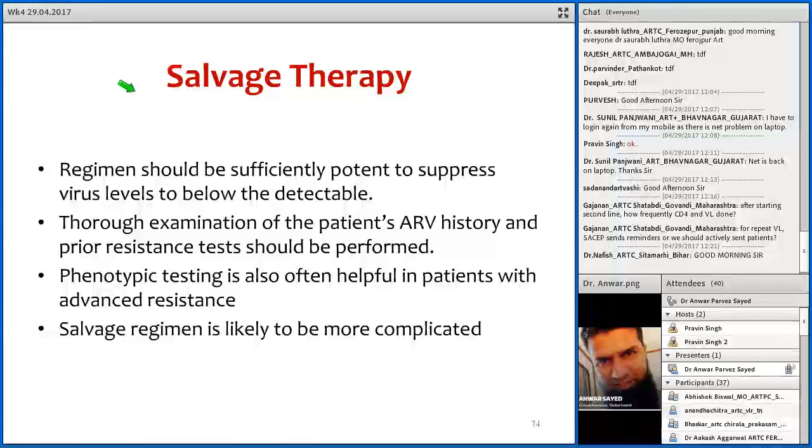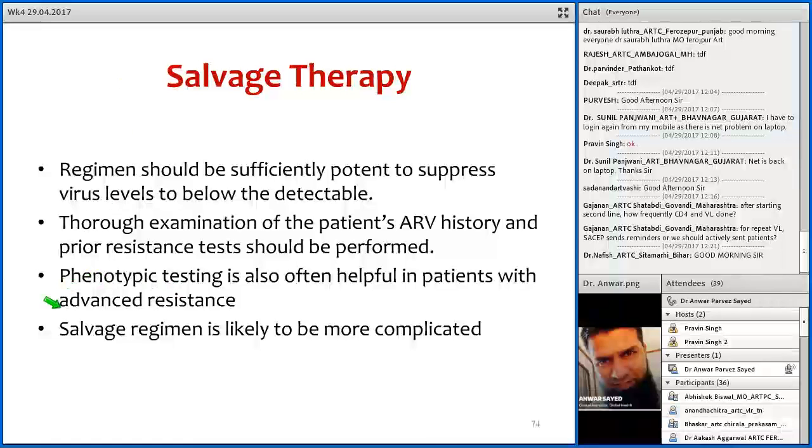Suppose there is a person who has been given almost all ART medicines which you have, and the patient has been on ART for the last 8 to 10 years, 12 years, and has been exposed to every drug and has all those mutations accumulated. The therapy initiated for such patients is called salvage therapy. There will again be very limited options available for such kinds of patients.